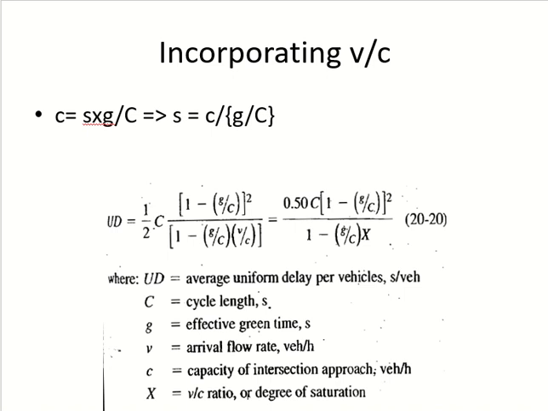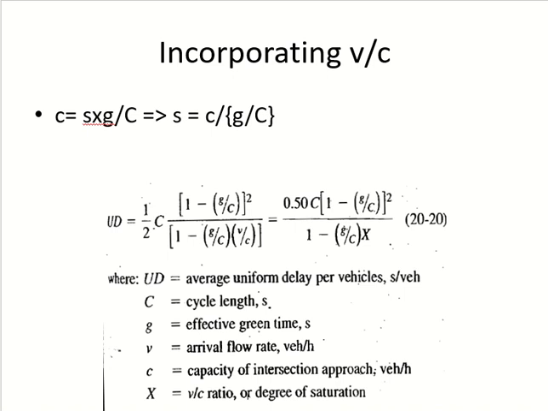Small g is effective green, capital C is cycle length, small v is arrival rate, demand, and small c is capacity.